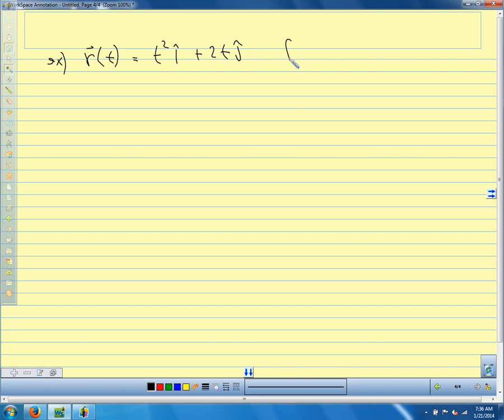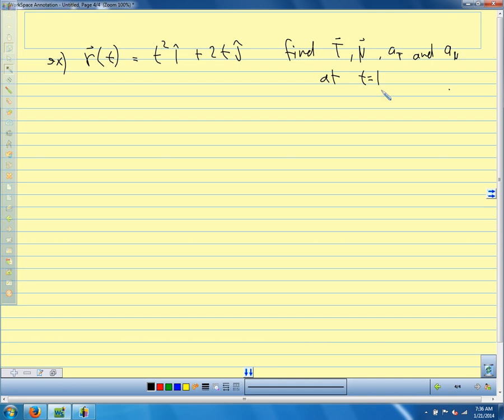And for this we want to find our unit tangent vector, our principal unit normal vector, our tangential component of acceleration, and our normal component of acceleration. And we saw in what we just talked about, all these are tied together. And we're going to say at t equals 1.